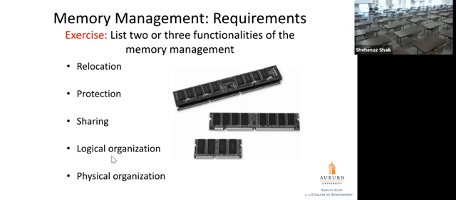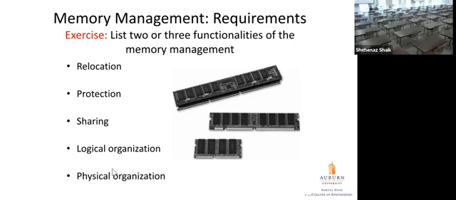So for that reason, the actual physical locations where the different variables and the different parts of a particular process are loaded are not the same as the logical organization, or the logical address space, of the process.